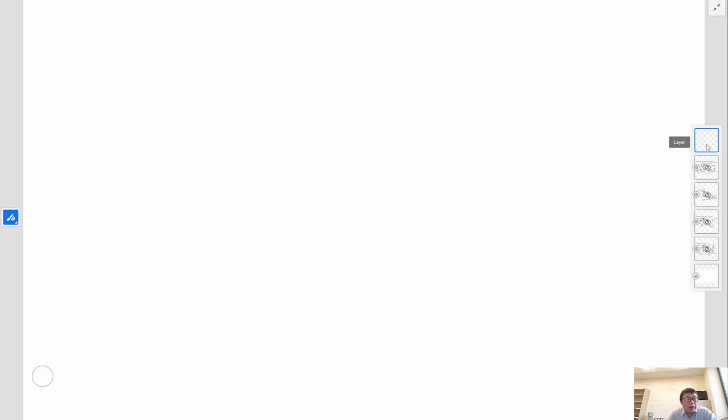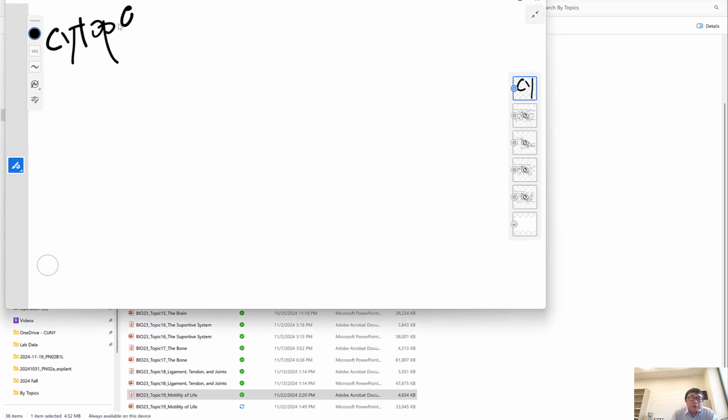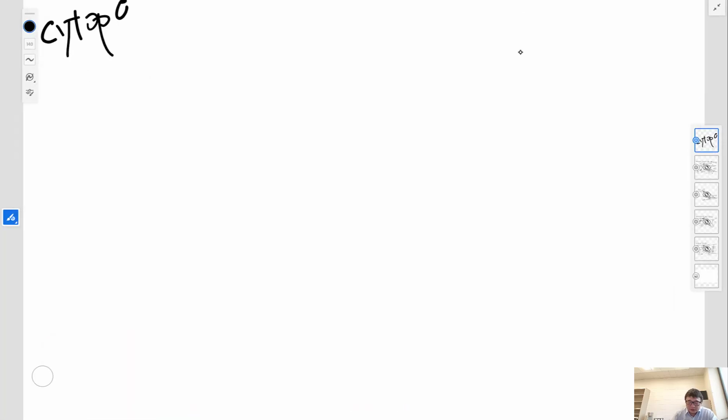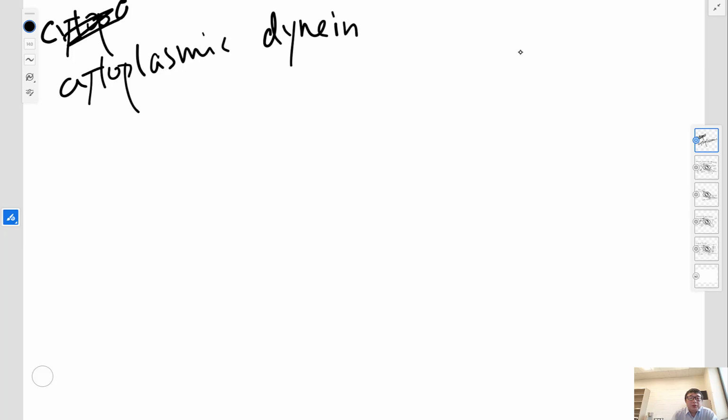This is called axonemal dynein. Inside the cells, there's another type of dynein called cytoplasmic dynein. What's the function of this cytoplasmic dynein?